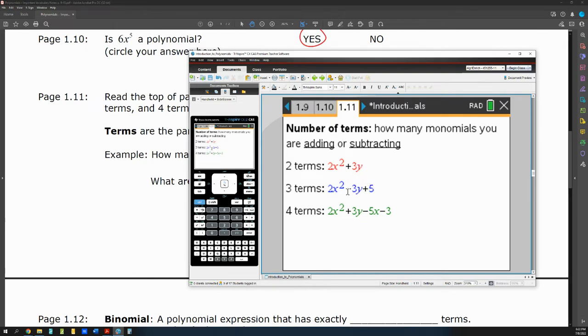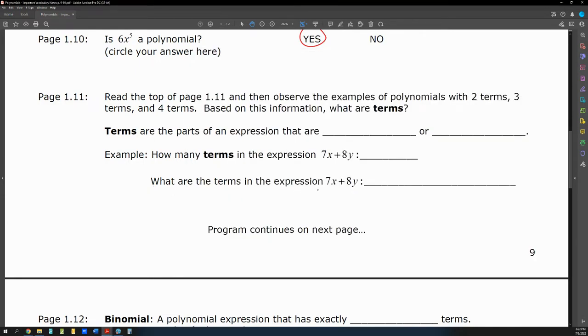The next polynomial has three terms: 2x squared, negative 3y, and positive 5. And the last polynomial has four terms: 2x squared, positive 3y, negative 5x, and negative 3. So the terms are parts of the polynomial expression that are added or subtracted.